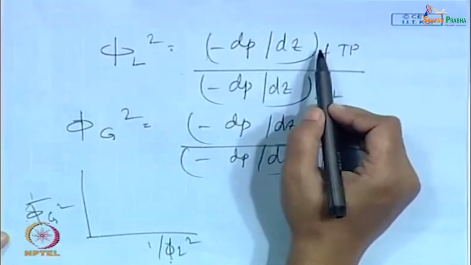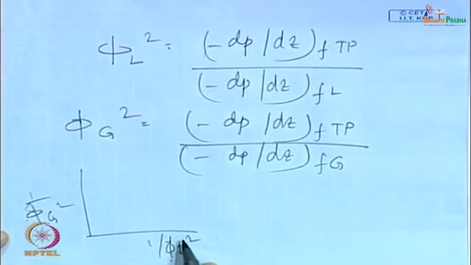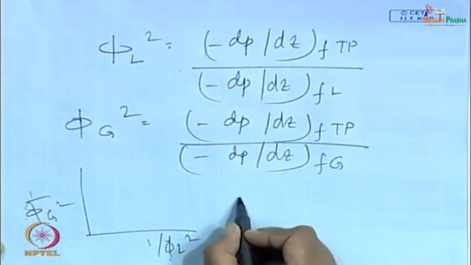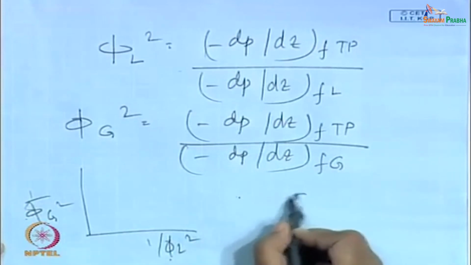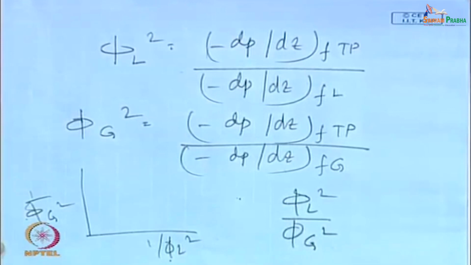So, if you have to find out frictional pressure gradient from this correlation, be it analytical or graphical, it has to involve a trial and error technique, is it not? There is an unknown both in the x as well as the y axis. So, just to eliminate that problem, researchers have divided phi L square by phi G square. Once you divide this, what happens?